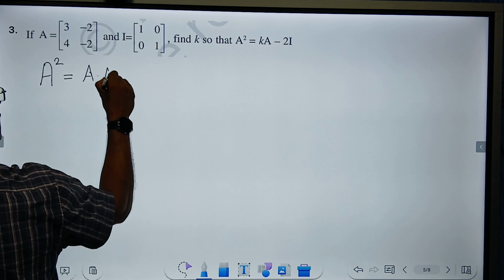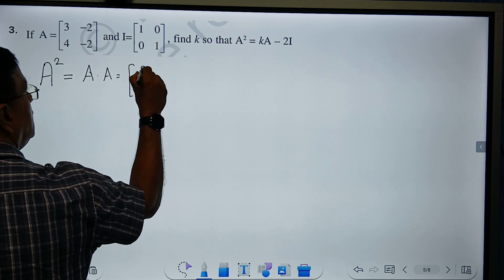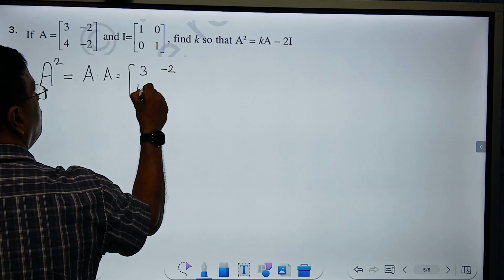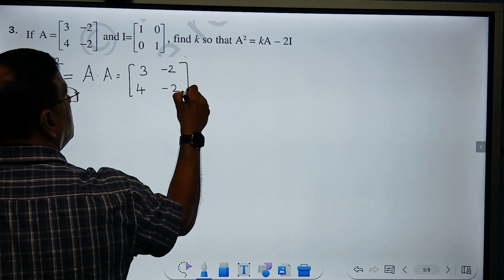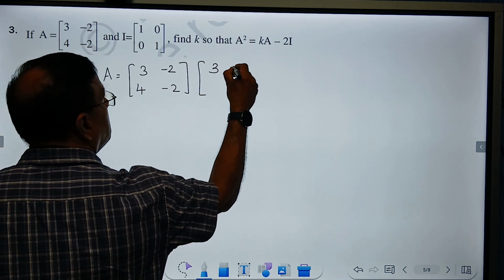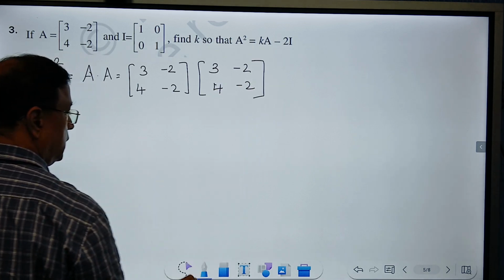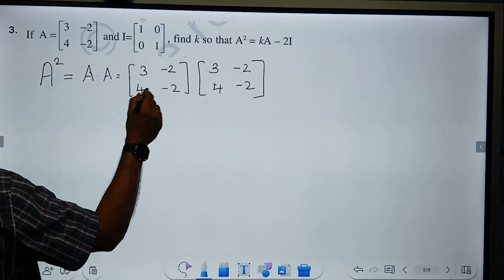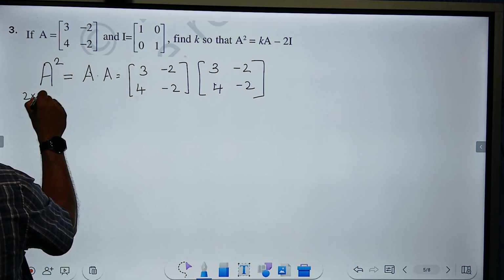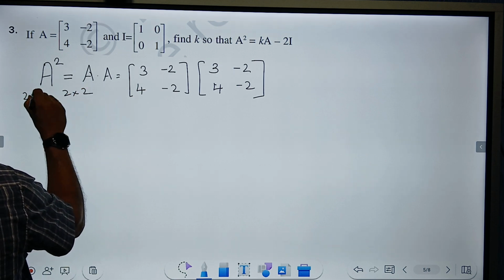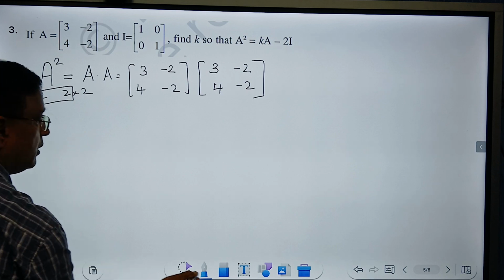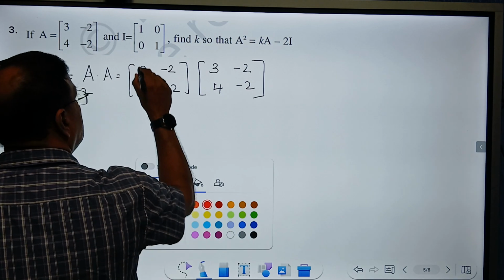A into A, which is 3, minus 2, 4, minus 2, into 3, minus 2, 4, minus 2. Is it possible to multiply? Yes. This is 2 by 2 and 2 by 2. Multiplication is possible. Let's see how we multiply.